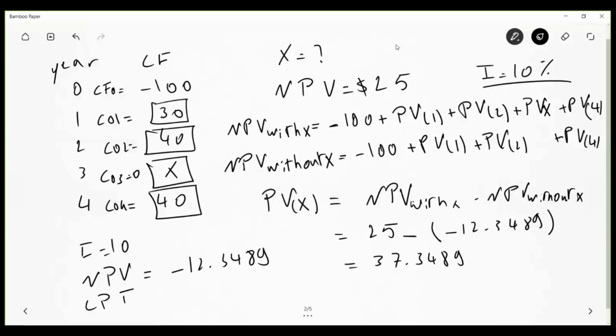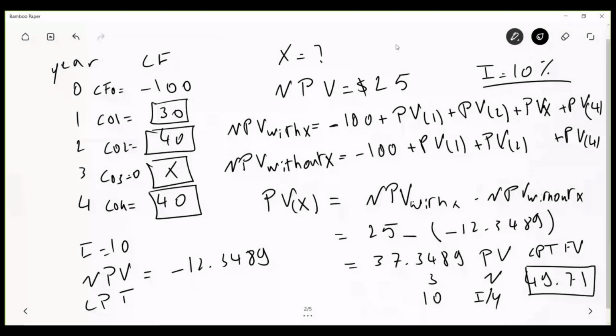So now, if this is the present value, I have N is 3 years, 10 is I/Y. I compute the future value. The future value is $49.71.